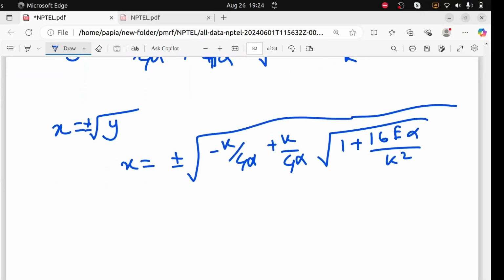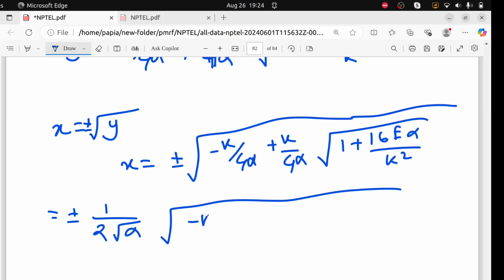So I can do one thing from here, that root alpha means 1 by root over 4 alpha means 1 by 2 root alpha I can take out, and here it is minus k plus k into 1 plus 16 e alpha by k square.